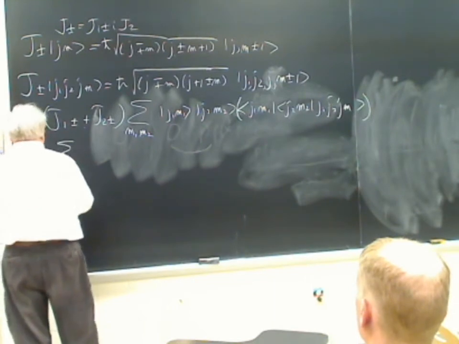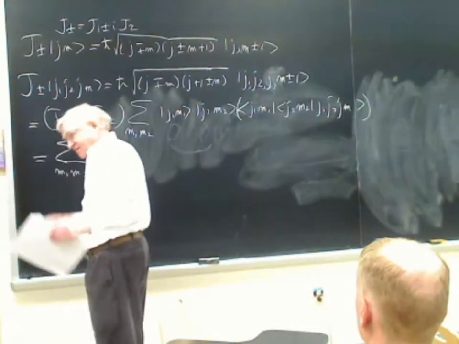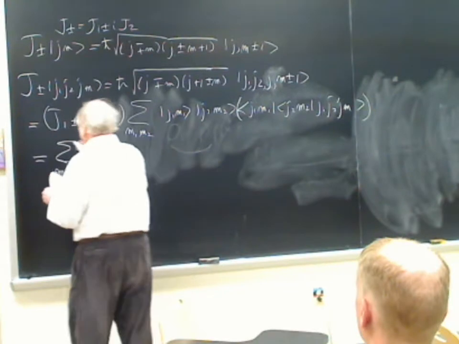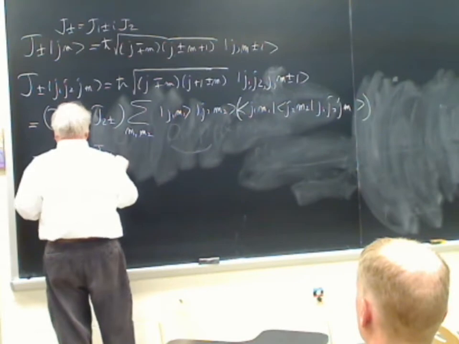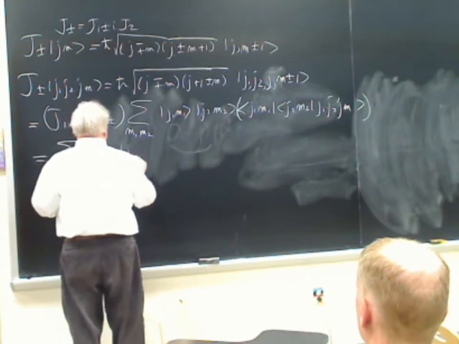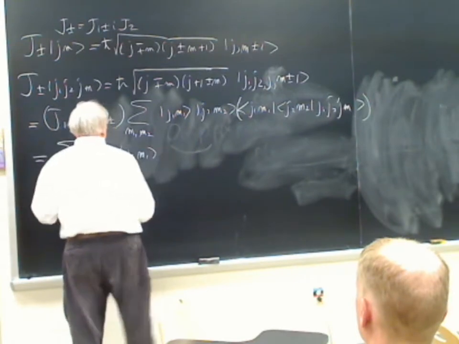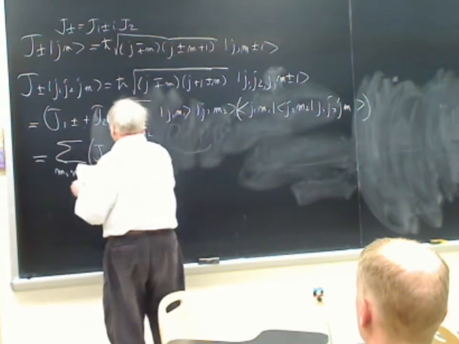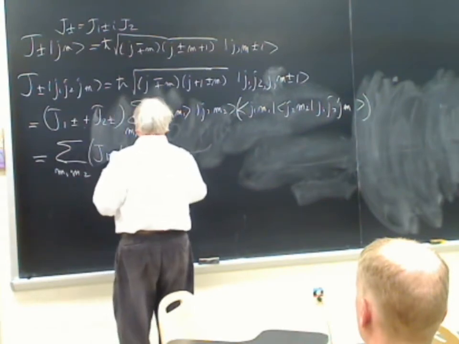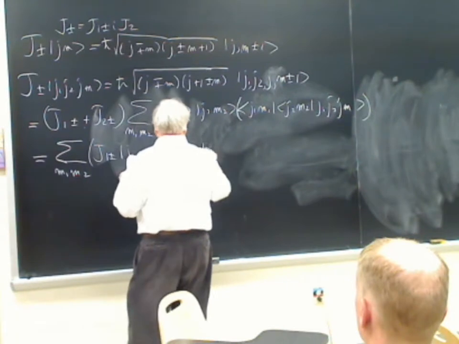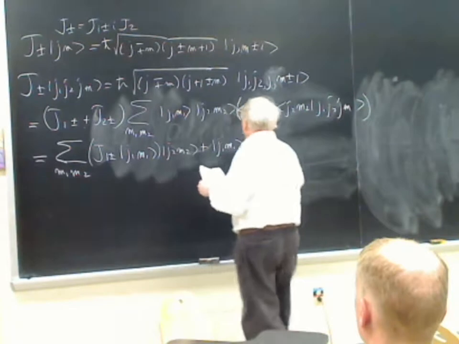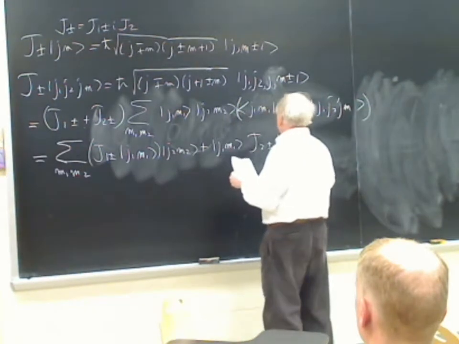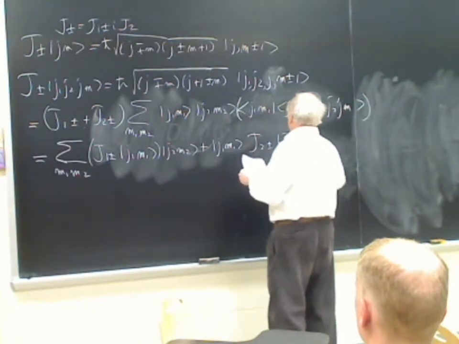And the way they do that is, this is the sum on M1, M2, and of course M1 goes from minus J1 to plus J1, and similarly for M2. This is J1 plus or minus on |J1, M1> times |J2, M2>, plus |J1, M1> times J2 plus or minus on |J2, M2>.